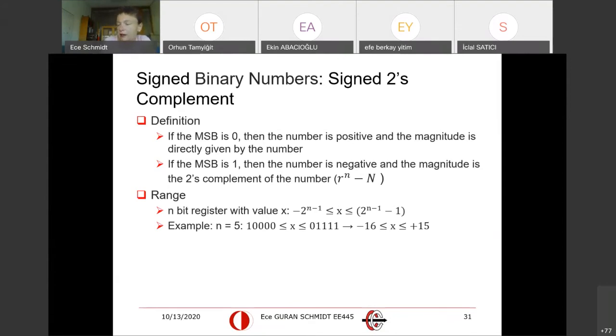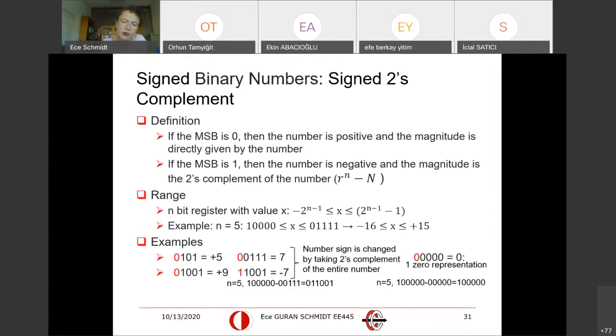If we are going to have 16-bit words in the basic computer, then what you could represent would be from minus 2 to the power 15 to plus 2 to the power 15 minus 1. These are certain examples.